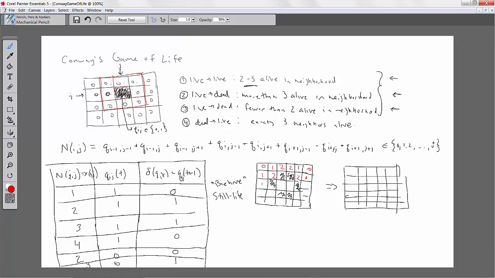And similar, keep going, keep repeating the process. This cell has 1 alive neighbor. This one has 2. This one has 3. This one has, sorry, this one doesn't have 3. It has more than that. This cell has 1, 2, 3, 4, 5 alive neighbors.